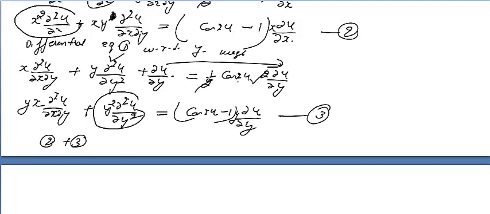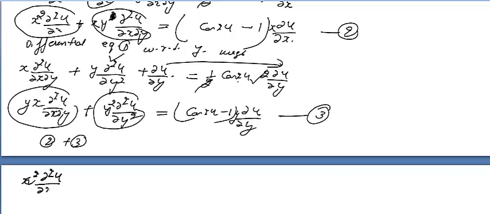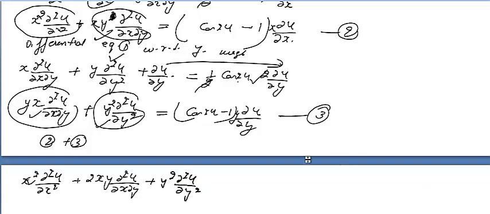This plus this, or this is double, means x² ∂²u/∂x², plus 2xy ∂²u/∂x∂y, this is double, and plus y² ∂²u/∂y². Now in the right hand side you have this common, this and this is common, means cos 2u minus 1 is common.